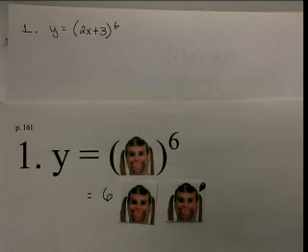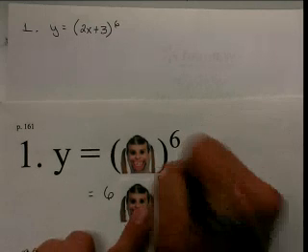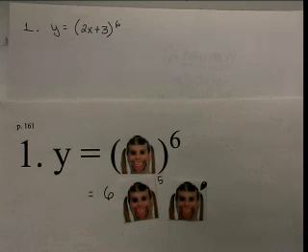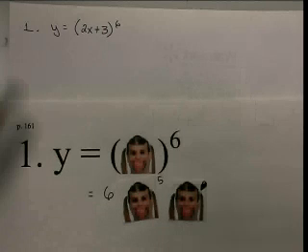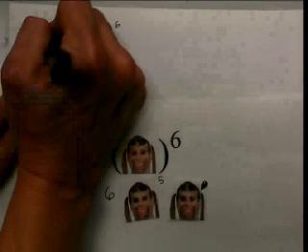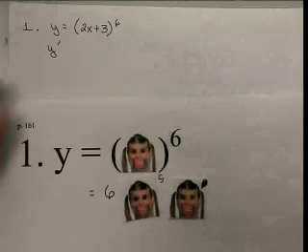The derivative of ugly to the 6th is 6 times ugly to the, oops, I almost left off something, 5th, just by the power rule, and then the derivative of the ugly. So can we do the same thing right here? Make sure when you start the calculus, you write your expression as y prime.